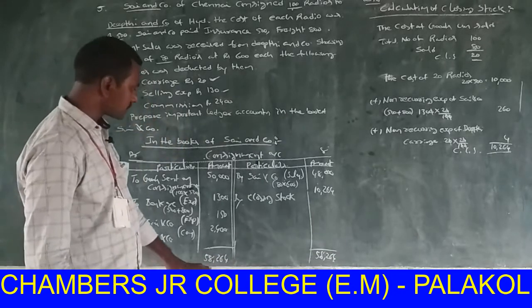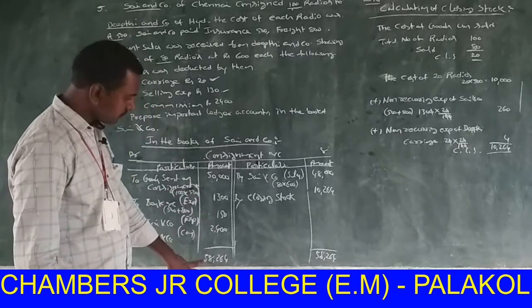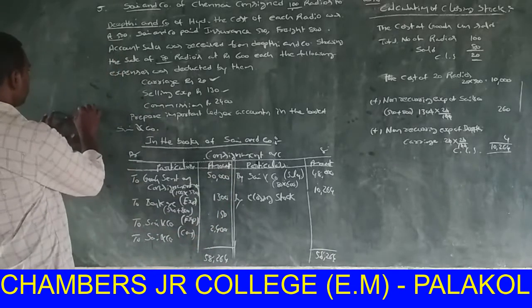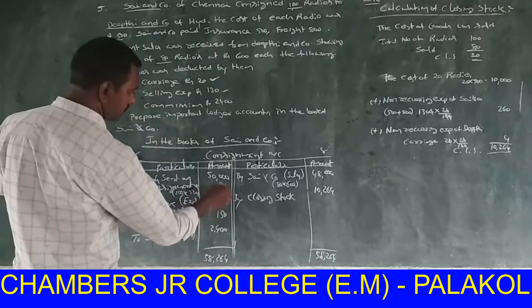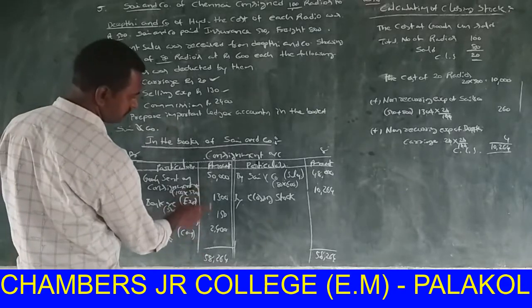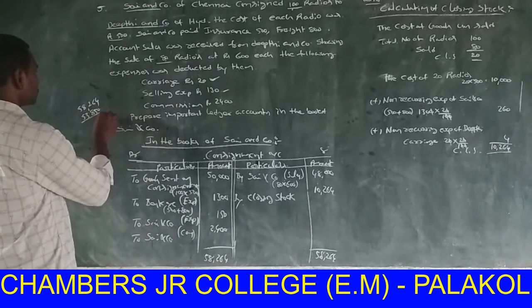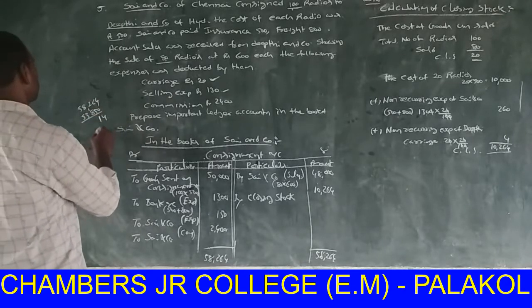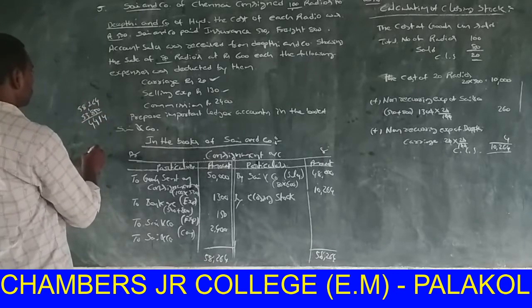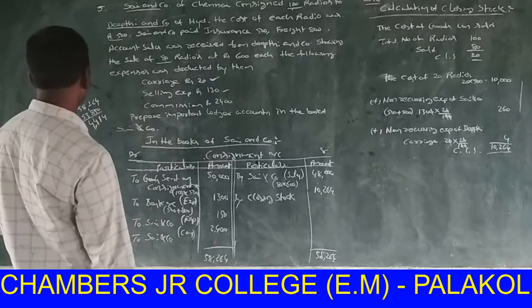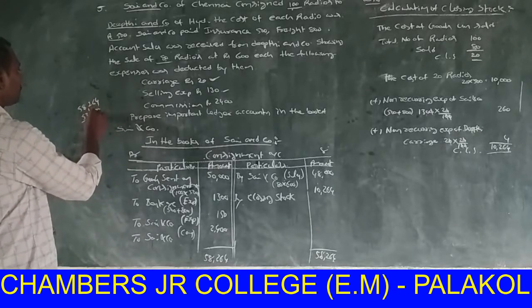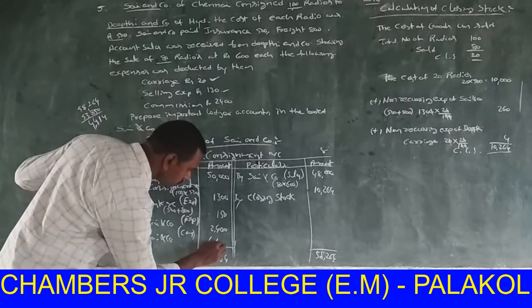58,264. So here the difference between 58,264 minus 53,850 is 4,414.